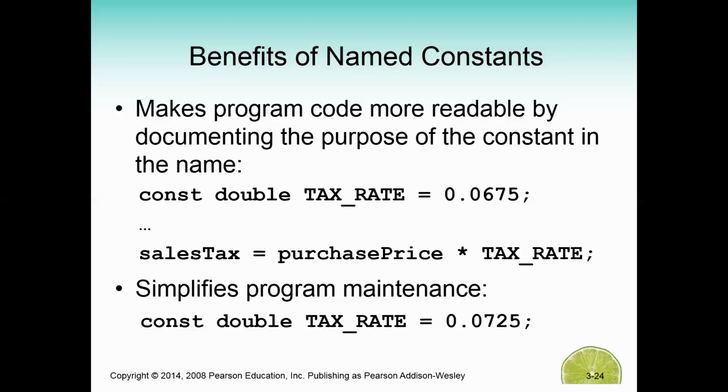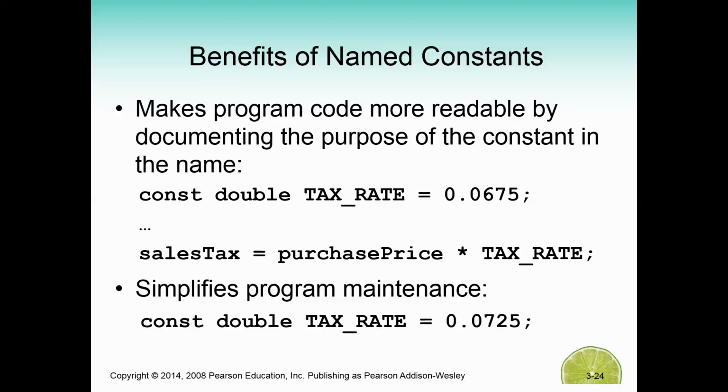They make the program code more readable by documenting the purpose of the constant. So instead of just putting 0.875, I'm going to be calling it something like Brownsville sales tax. So when another programmer checks our program for updates or anything, it will be much easier to see, okay, the 0.875, what was it?